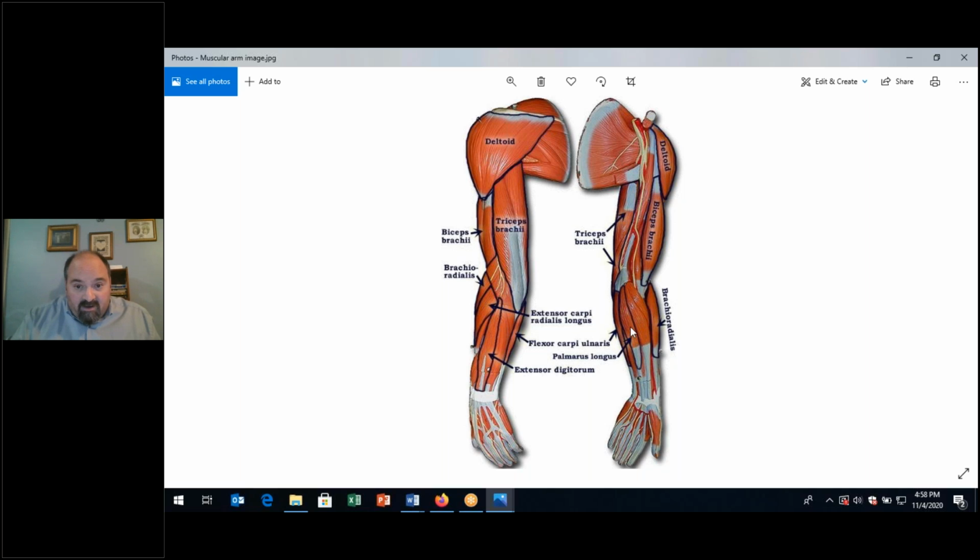Now you'll go here and you'll see that this is palmaris longus, and what you'll find is that you'll see the tendon that extends to the palm, all right? So that's kind of an indicator when you're looking at that muscle that that is palmaris longus. Then you'll come to right here, okay? So then we have flexor digitorum superficialis right here. It's not labeled, but it's right here.